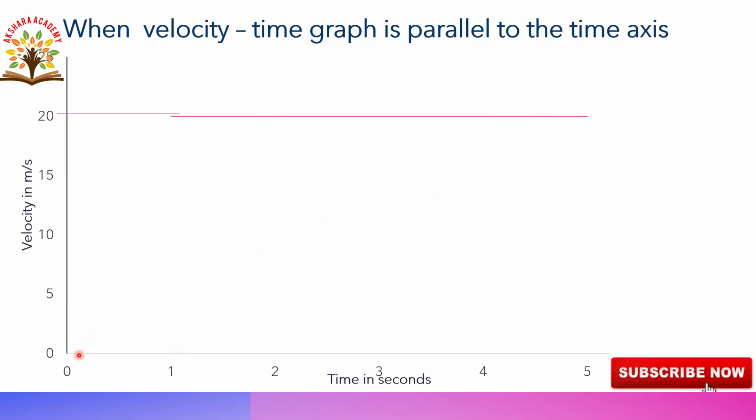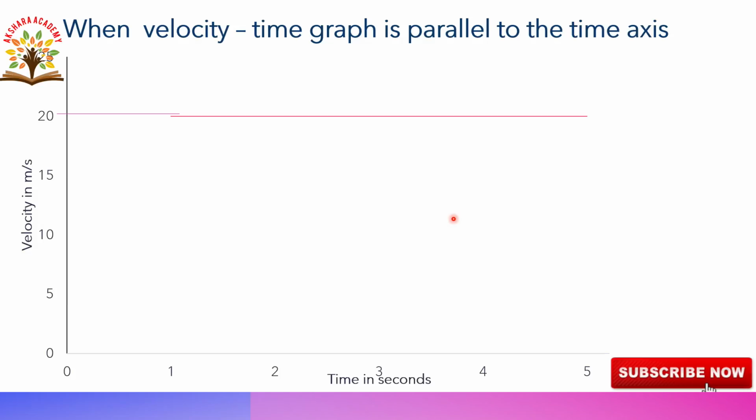On the x-axis we take time 1, 2, 3, 4, 5, 6 in seconds, and on the y-axis we plot velocity in meters per second, that is 0, 5, 10, 15, 20, 25. Now the graph is parallel to the time axis, nothing but a horizontal line.